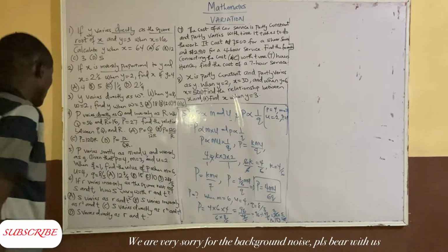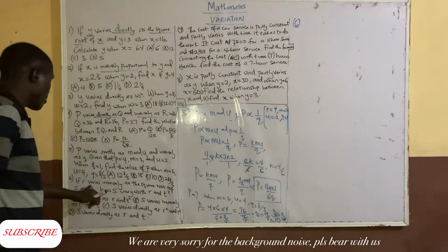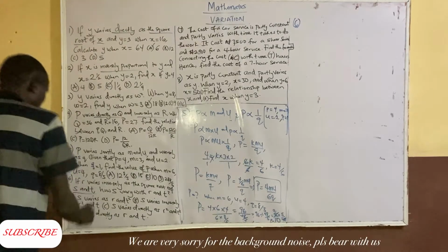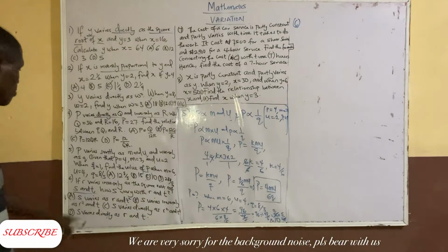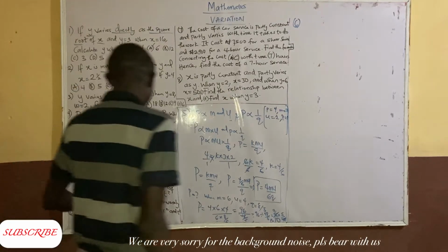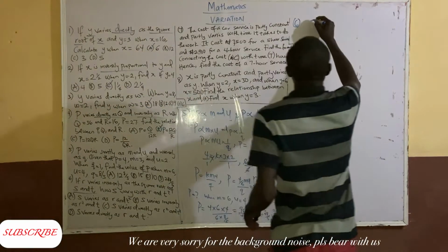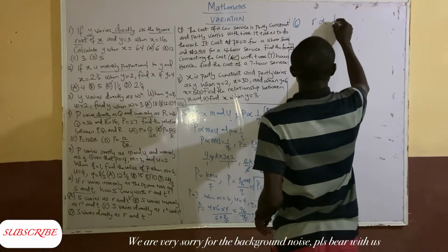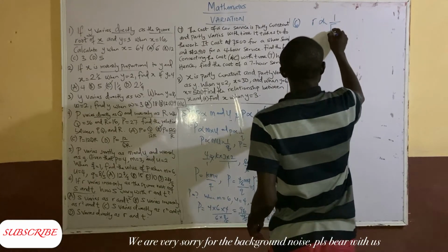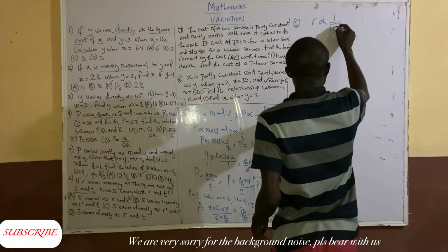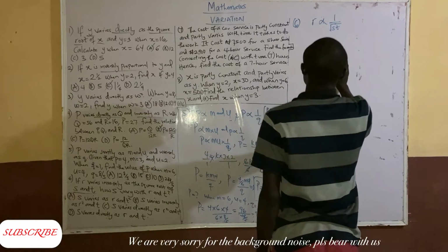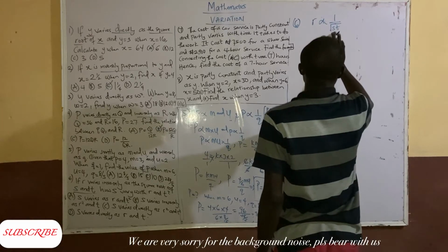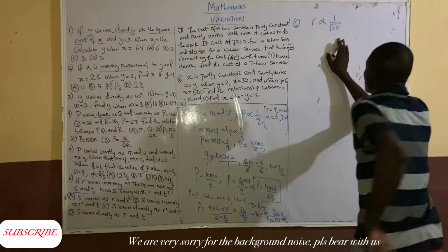Now the next: if R varies inversely as the square root of S and T. You can even say R varies inversely as the square root of S and T. That's how you write it.